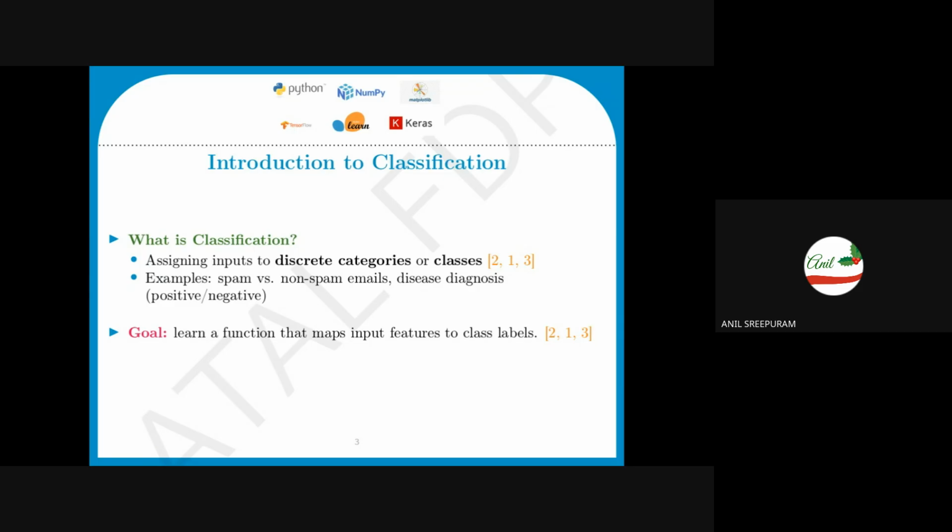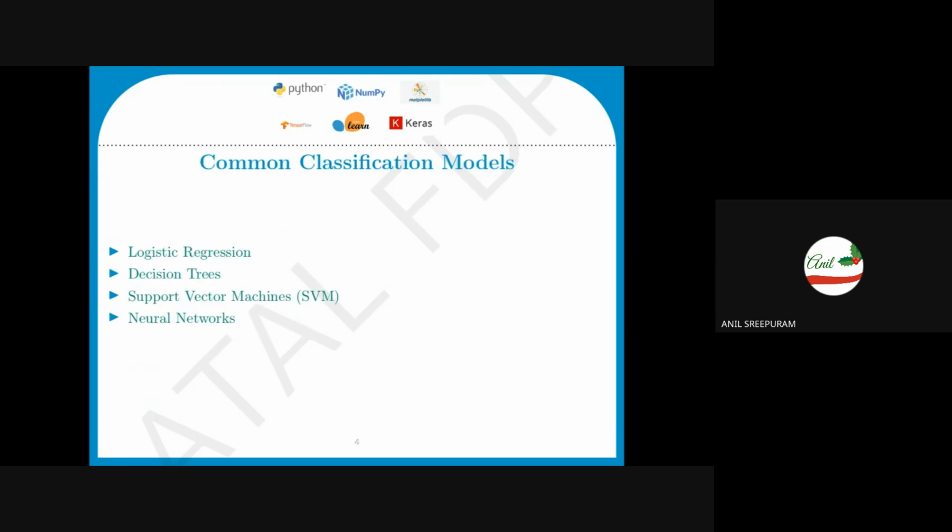And for that categorization, you are needed to design a function that will map these features to the corresponding classes. This is the objective. And the basic classification models involve logistic regression model, decision tree model, support vector machine model, and neural network model.